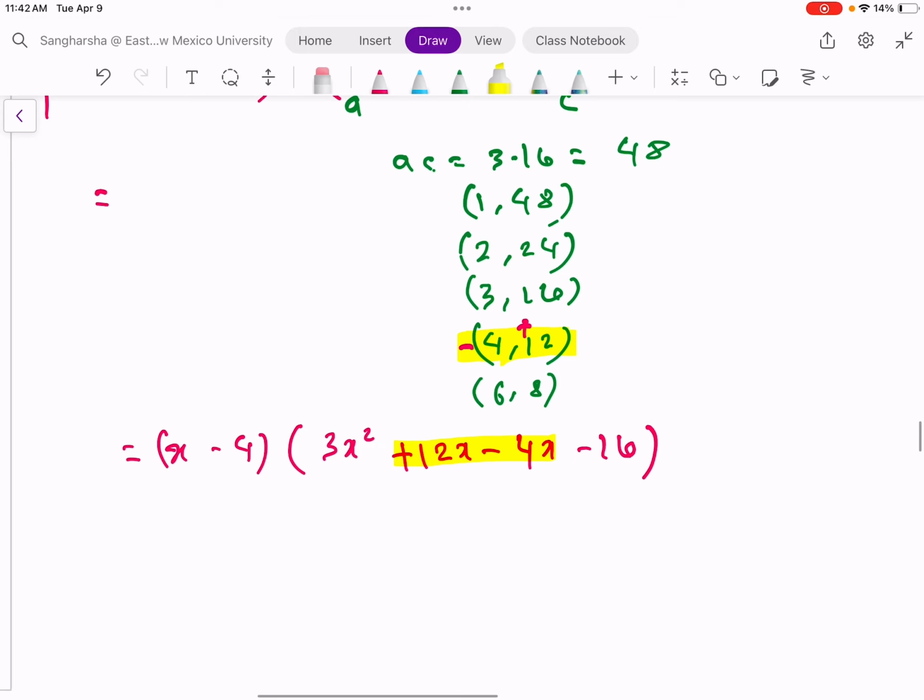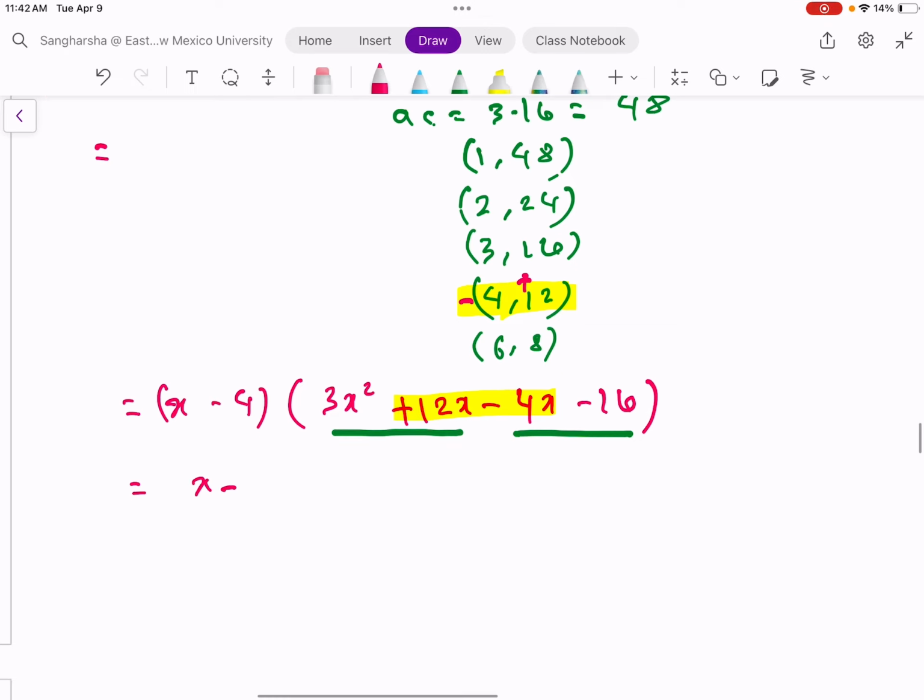Now we have the 4 terms. We make a pair of the first 2 terms and a pair of the last 2 terms, and factorize. So we have x minus 4 as it is. In the first 2 terms, do we have any common factor? 3x is a common factor, right? If we factor out 3x from 3x square, we have x.